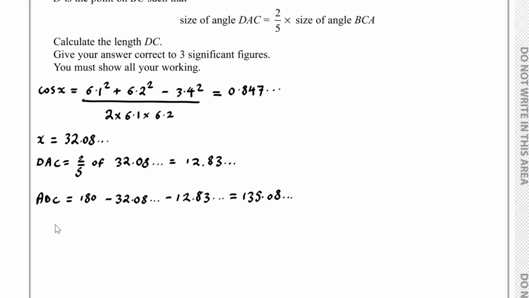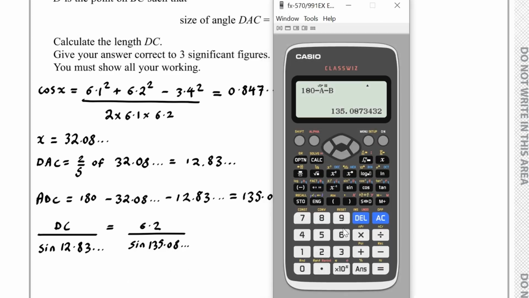So we've got DC over the sine of the angle opposite it, which is sine of 12.83, etc. And this is going to equal 6.2 divided by the sine of 135.08. So let's just store this into C.